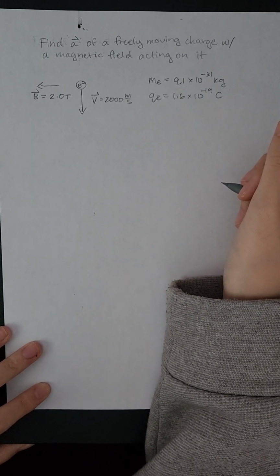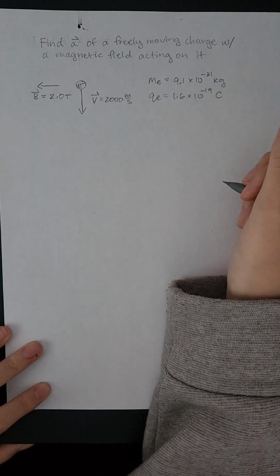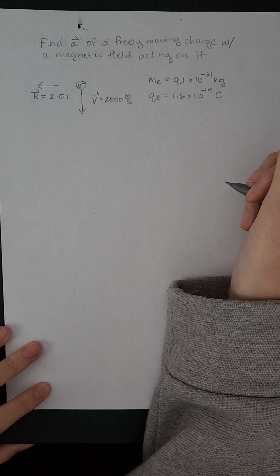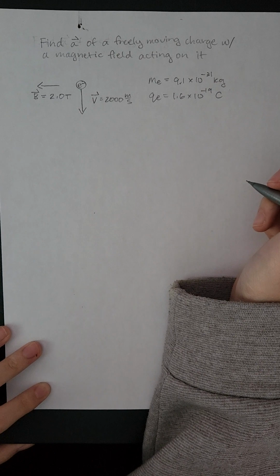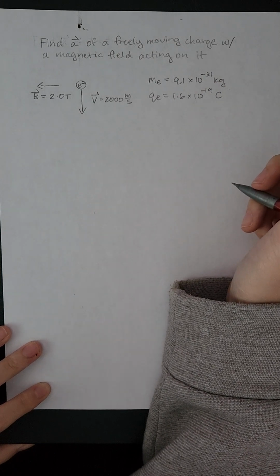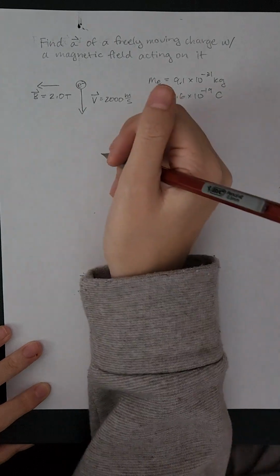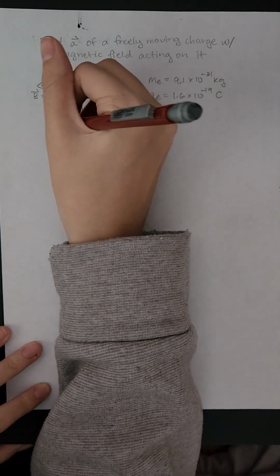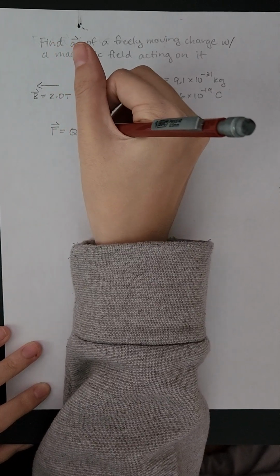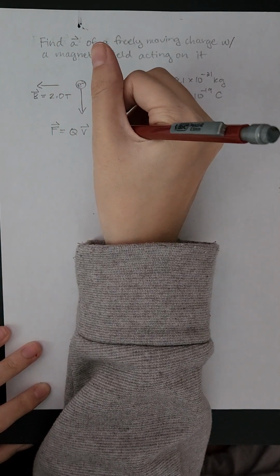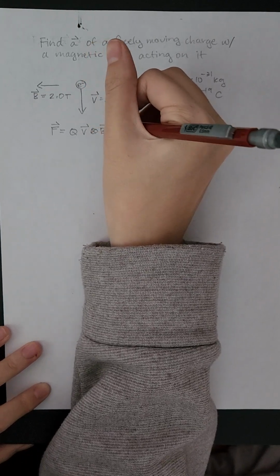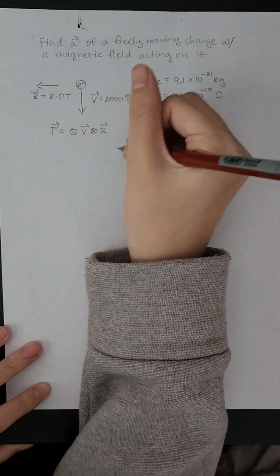To solve this problem, we need an equation that relates force to velocity and the magnetic field, or just an equation for the force on a freely moving charge. That equation is the force is equal to the charge multiplied by the velocity cross product with the magnetic field.